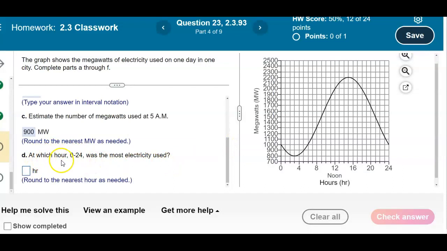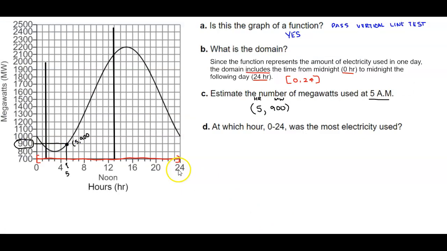Now it says, at which hour from 0 to 24 was the most electricity used? So let's take a look at the graph. On our graph, we need to figure out where is the maximum. If you start from the left and you go all the way down here, and then you go all the way up here, and then at the top, this point represents the maximum point.